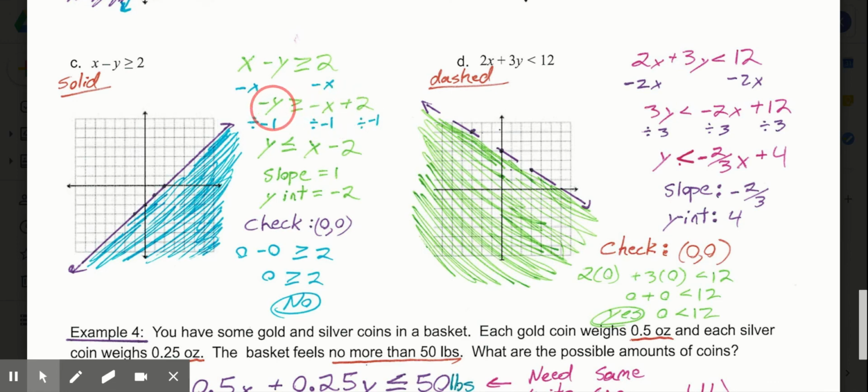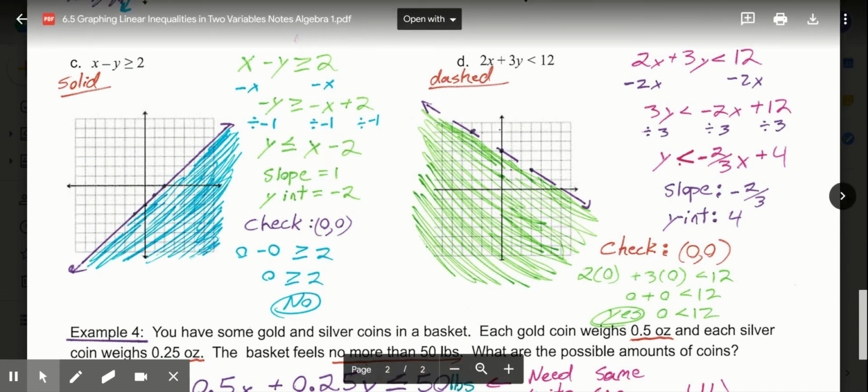So we need to get our y positive. So we divide everything by a -1. That flips our inequality. So y is less than or equal to x minus 2. So in this case, our slope would be a +1, and our y-intercept is a -2.